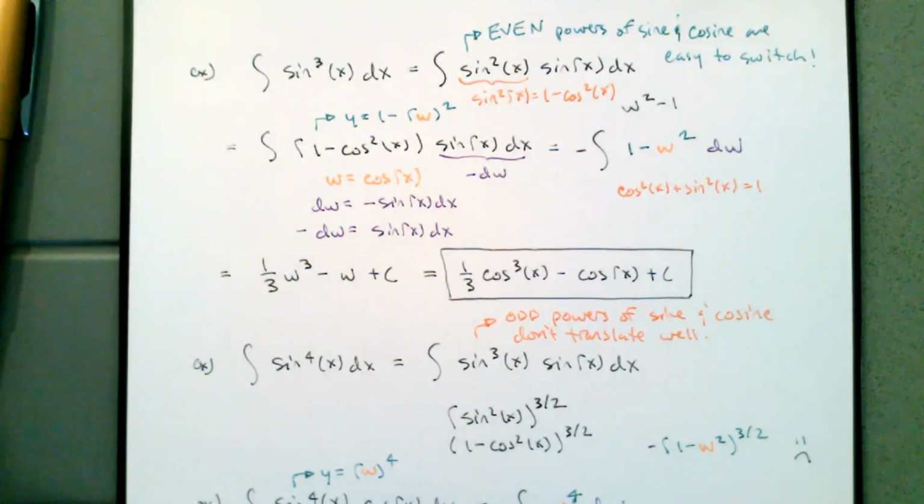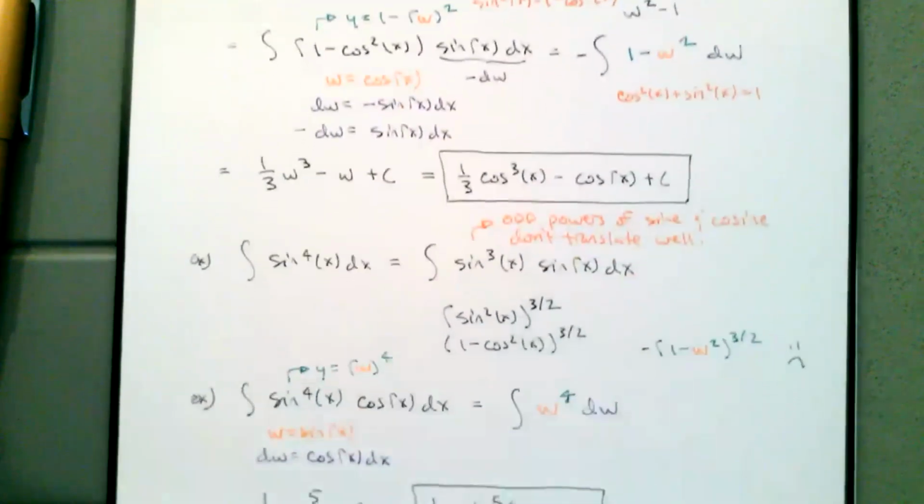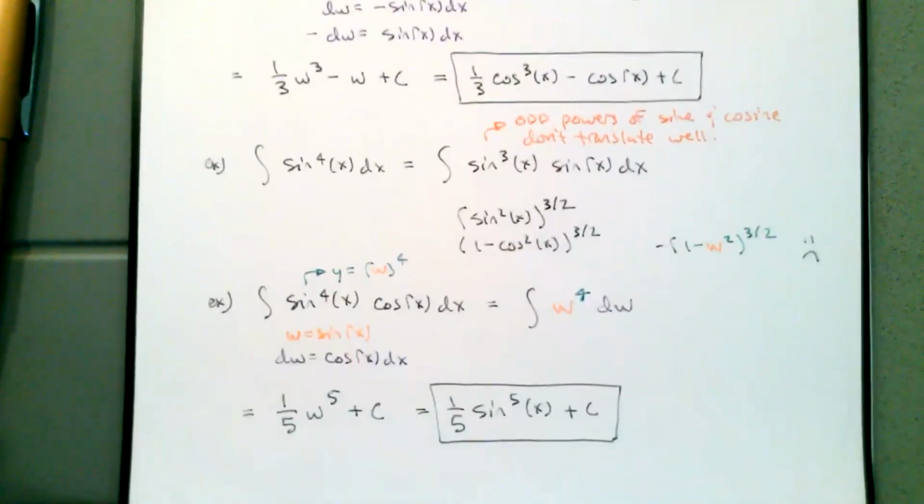The reason that works is that once we save a power of sine to be the dw, we're left with an even power of sine that we can convert to cosine. This only seems like a lot to remember because it's a lot to remember, and you have to remember all of it all the time in perfect detail.